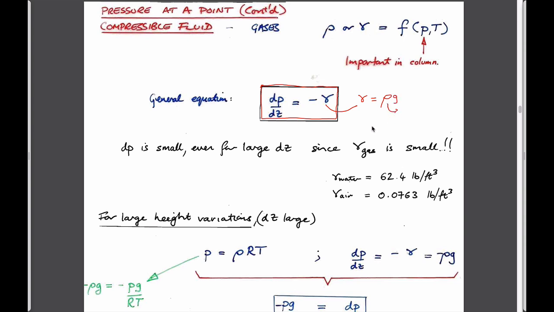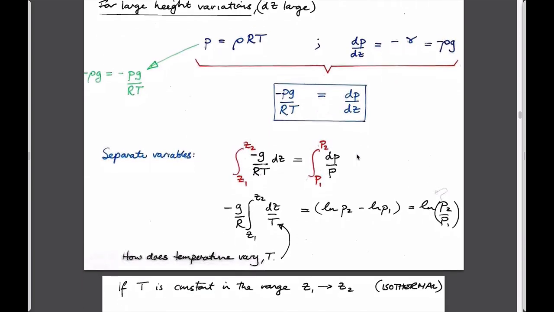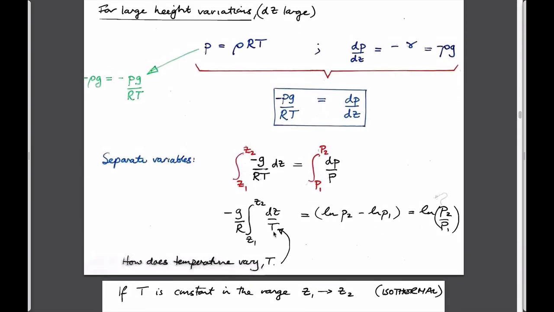We know that pressure is equal to density, gas constant, and temperature. And so we can rewrite that, if you like, as density is equal to pressure over RT. And if you throw that in there, you end up with this other expression, which we've also played around with and integrated. We've done that. Been there, done that.